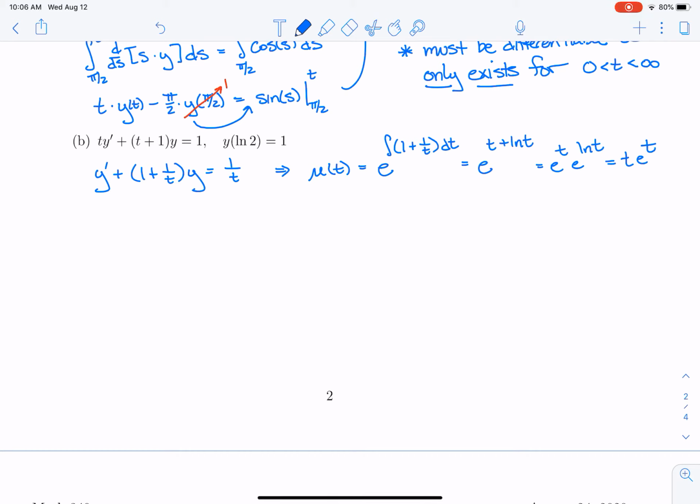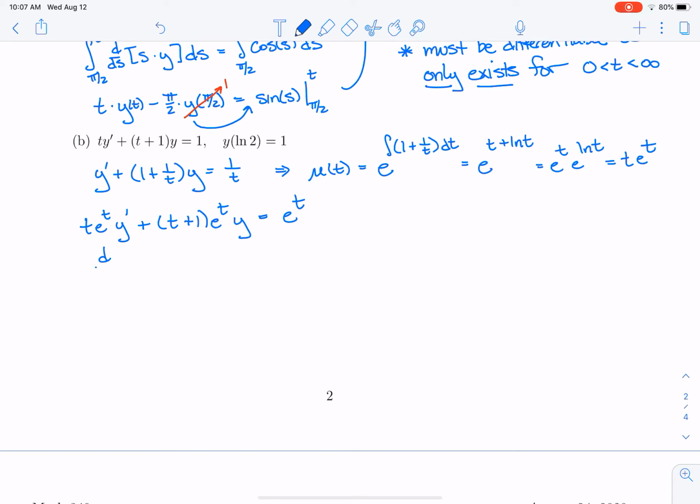So I need to multiply both sides of this equation by t e to the t. So what I'm going to get is t e to the t times y prime plus, multiplying by t e to the t, I'll actually get (t plus 1) e to the t times y is equal to e to the t. And then the left-hand side, I can rewrite using the product rule.